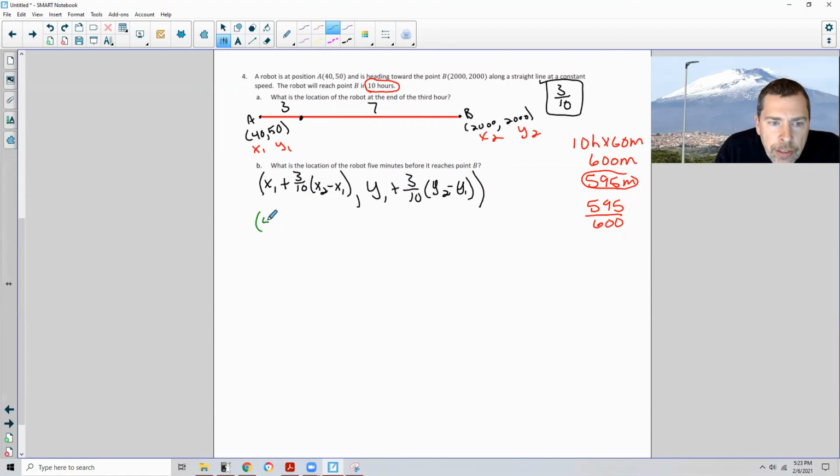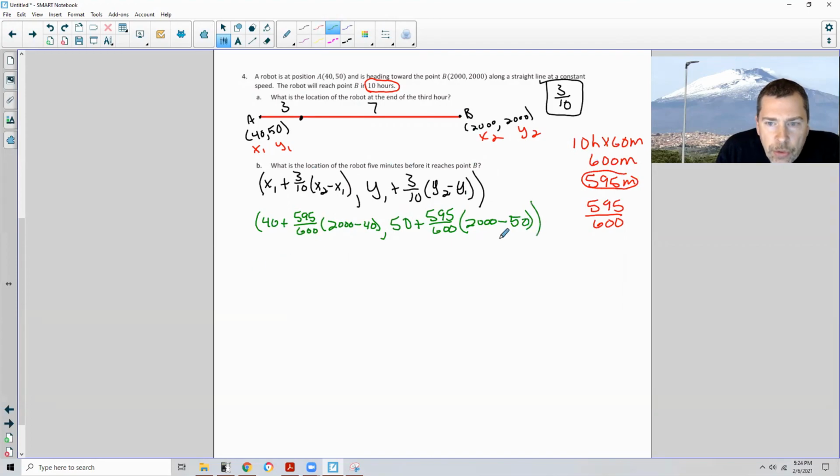X sub 1 is 40 plus 595 over 600 times (x sub 2 minus x sub 1), comma, y sub 1 plus 595 over 600 times (y sub 2 minus y sub 1).